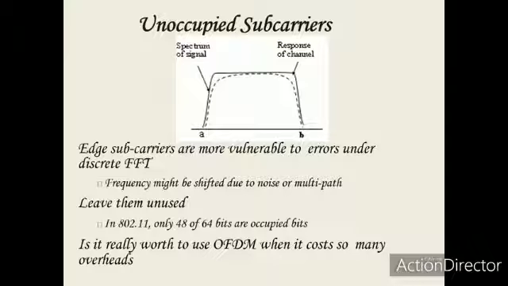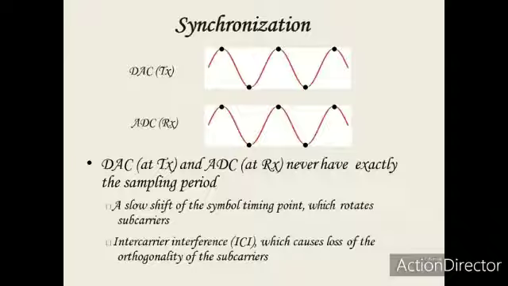In 802.11, only 48 of 64 bits are occupied. It is really worth using OFDM when it costs so much overhead. Then we are going to see about synchronization.